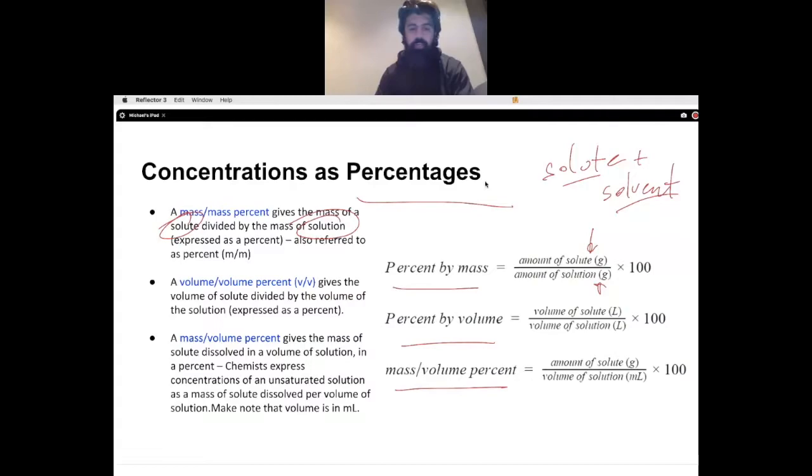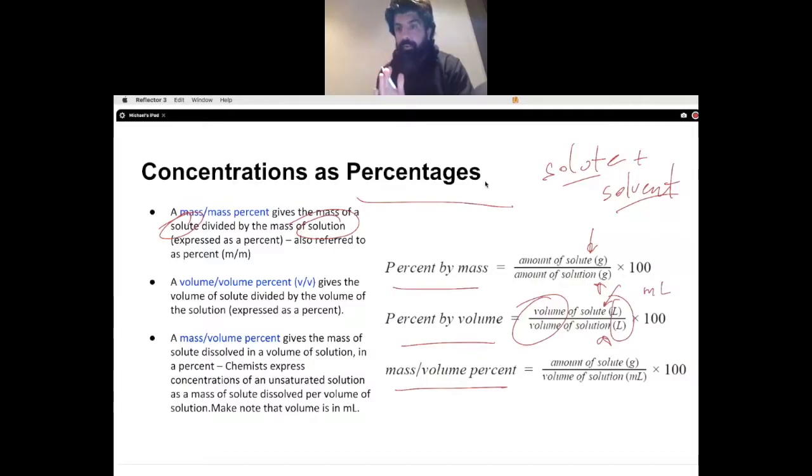The next one we're looking at is the percent volume. You're looking at the volume units of your solute and solution. Now, make note of this here. These units can be either liters or both can be in milliliters.